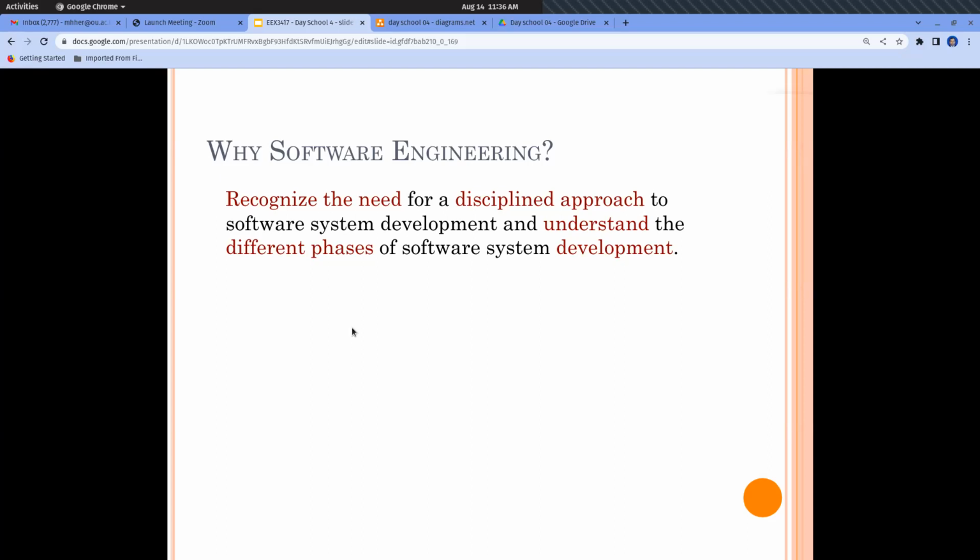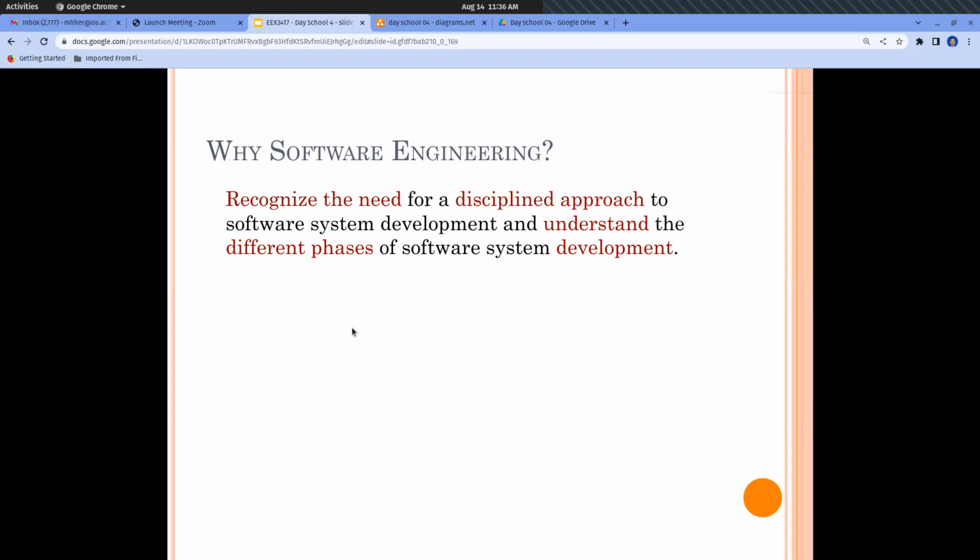To design software, you should design those things clearly. Otherwise, all those software will fail. Actually, even when we design using software engineering tools, most software is failing.